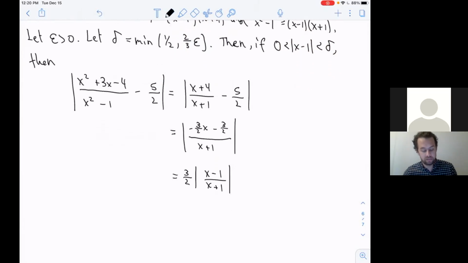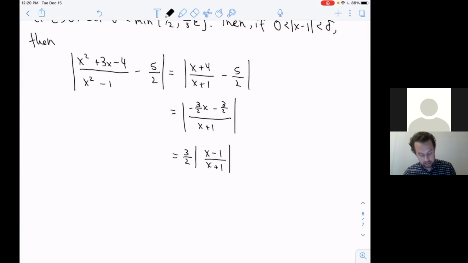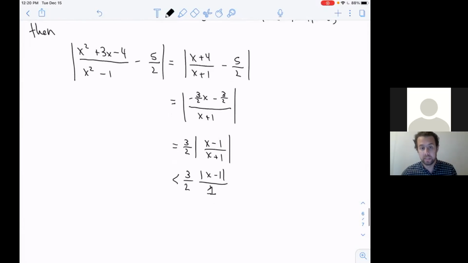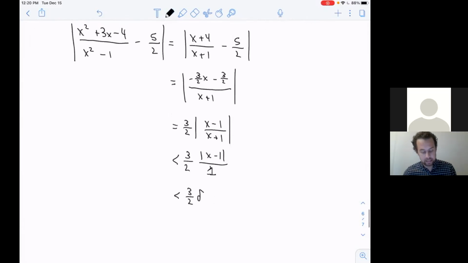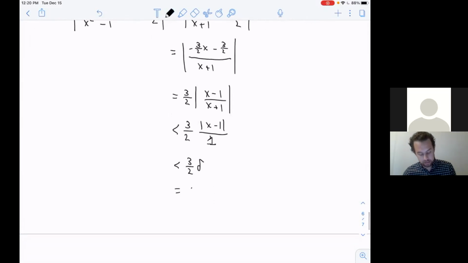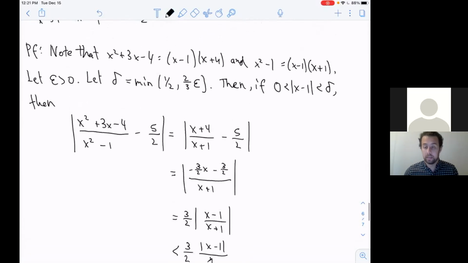So in particular, for sure, this is less than 3 halves absolute value of x minus 1 over 1, right? We've made the bottom smaller, so we made the whole thing bigger. Okay, and so x minus 1 is less than delta, so this is less than 3 over 2 delta. And this is equal to epsilon. And therefore, this limit is this.